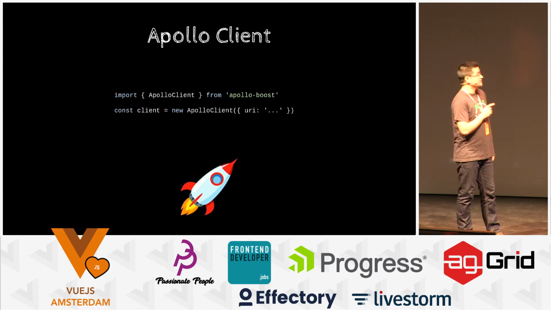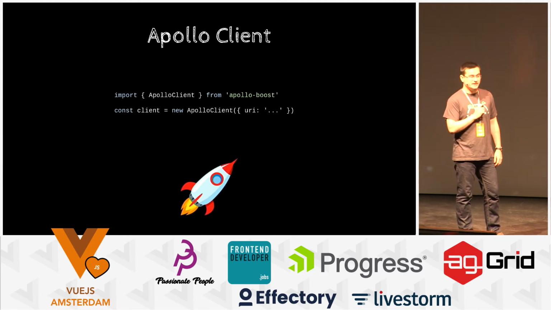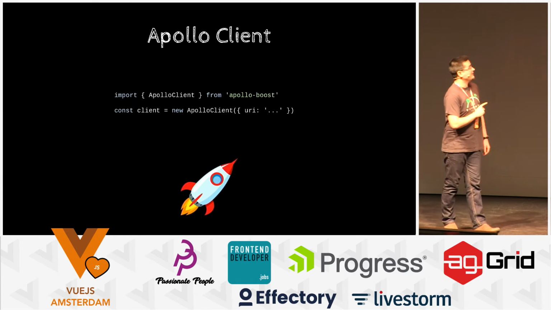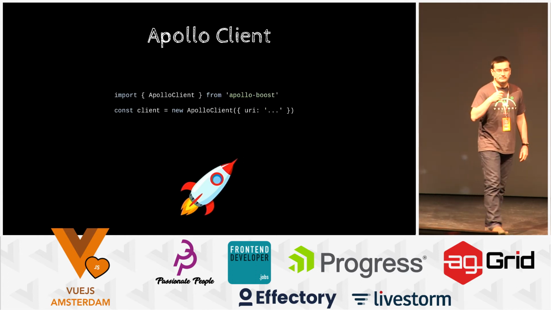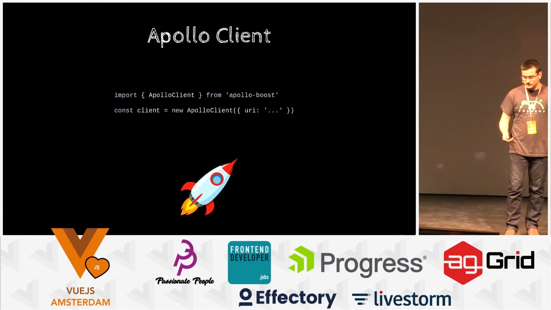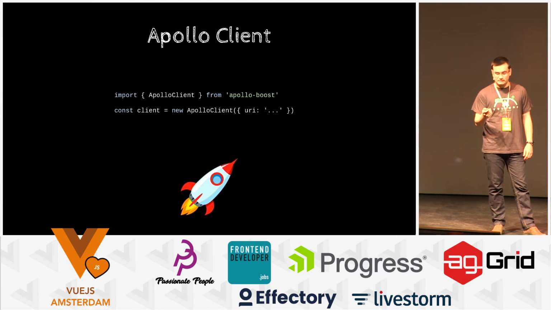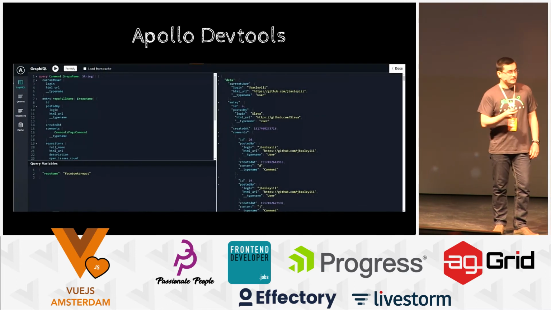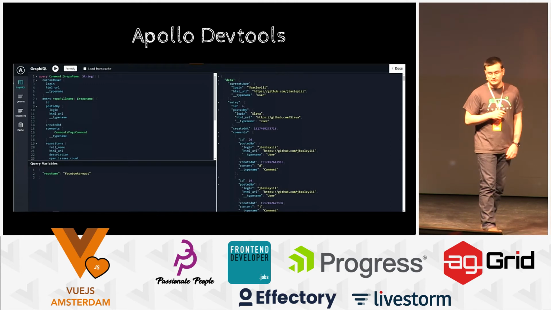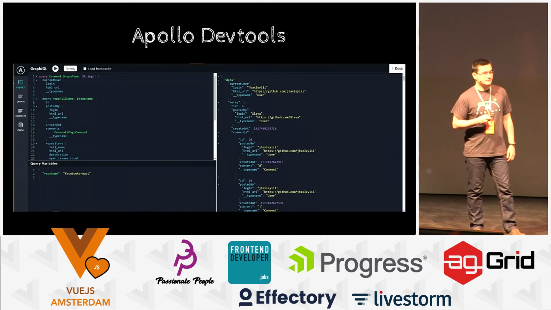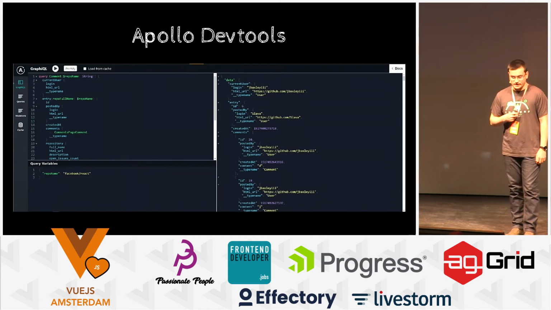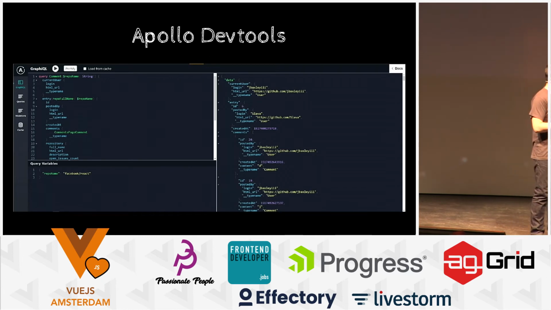Actually, Apollo Boost is a package that went live yesterday to help you use Apollo Client before we add a few more lines of code. So you can just use it right now. And you also have Devtools to check what is in your cache and run queries.